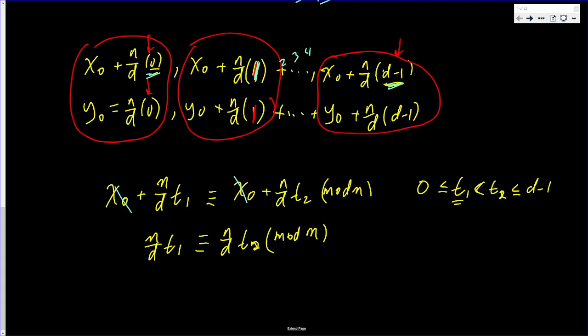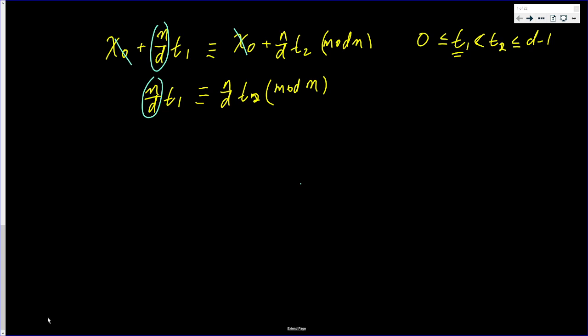Note for a moment that d, since d is the GCD of a and n, implies that d goes into n. That is, these are integers. d divides evenly into n.